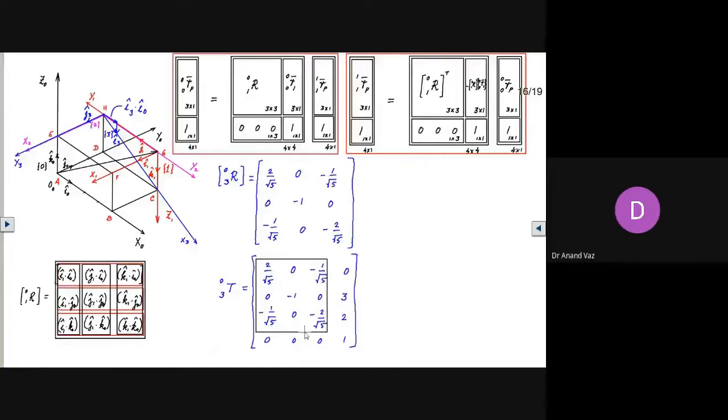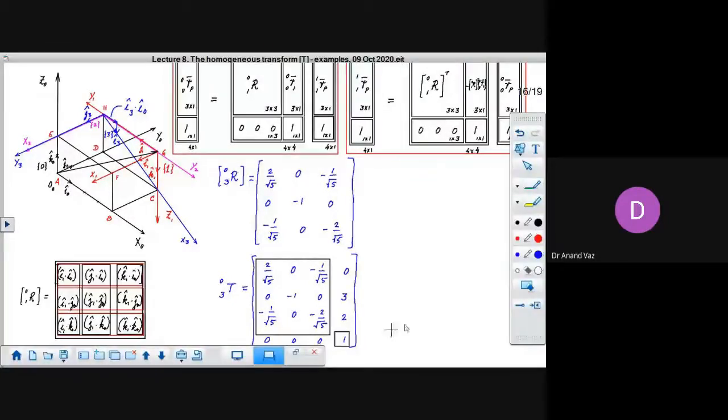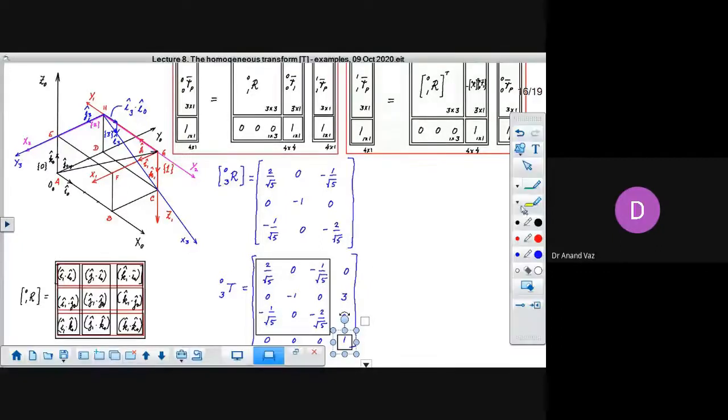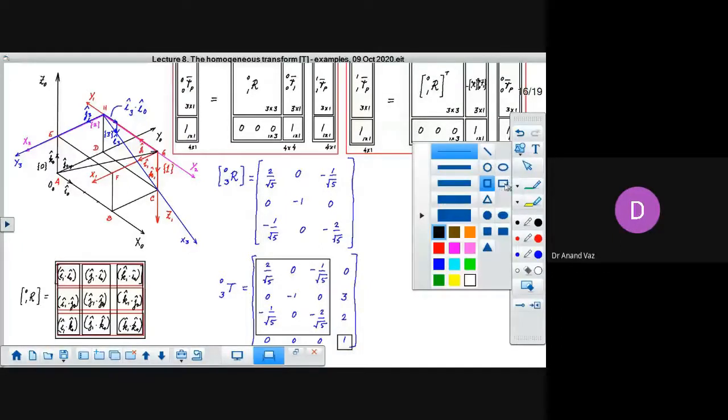So this part is our R, and we have one column here. So we have this structure here.